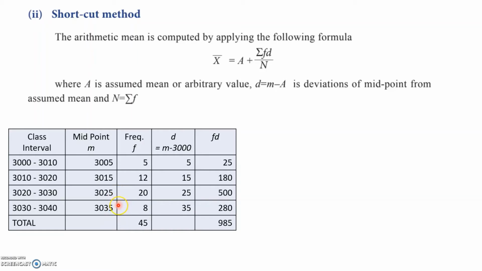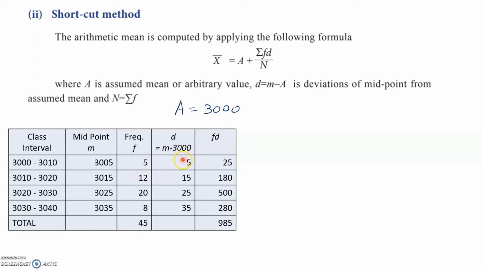Next, we're going to take an assumed mean of 3000, and subtract this value from each midpoint. So 3005 minus 3000 will be 5. Similarly, 3015 minus 3000 will be 15. So our a here is equal to 3000.